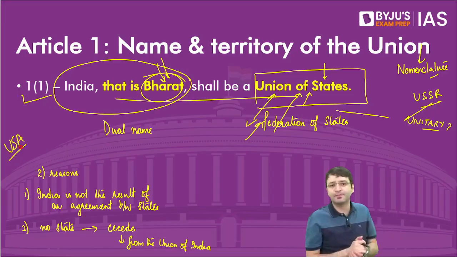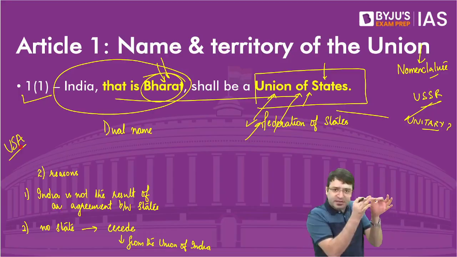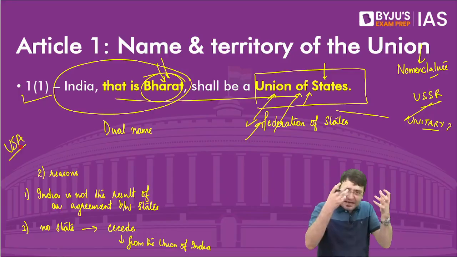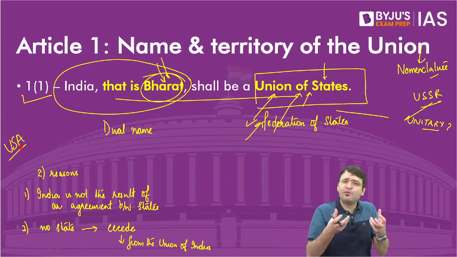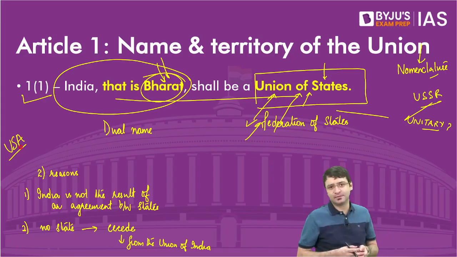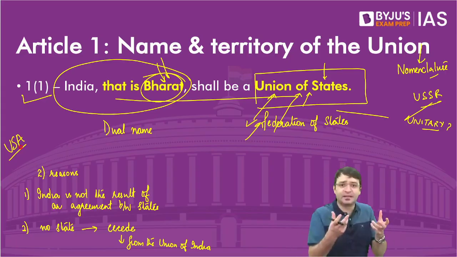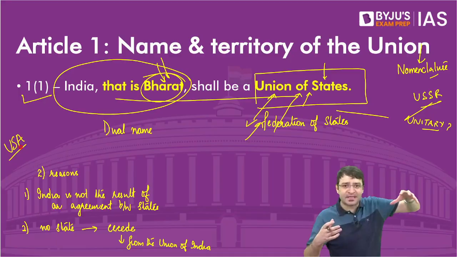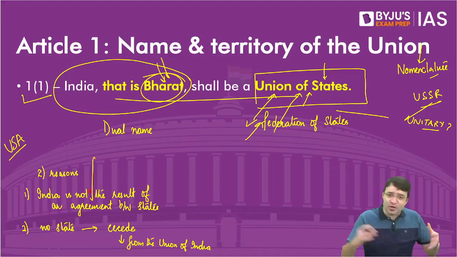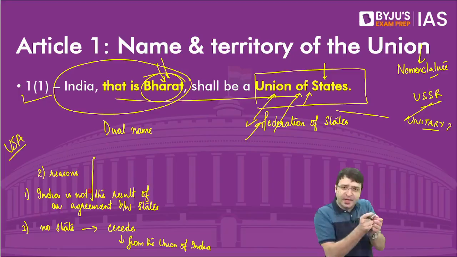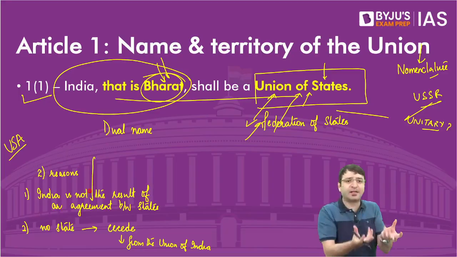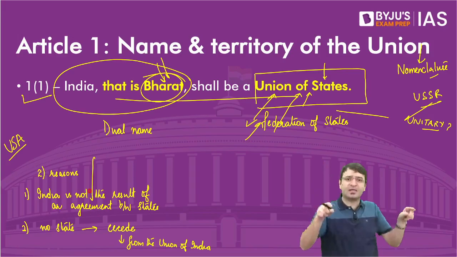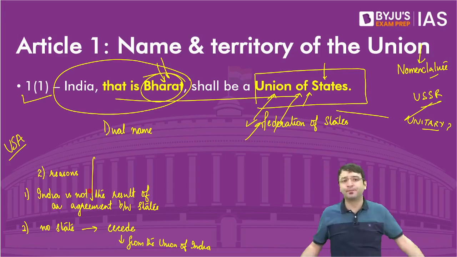Distribution of powers. But United States of America as a political entity was not present. It was created when these 13 independent states decided to come together, sign an agreement, and create a political entity known as United States of America.